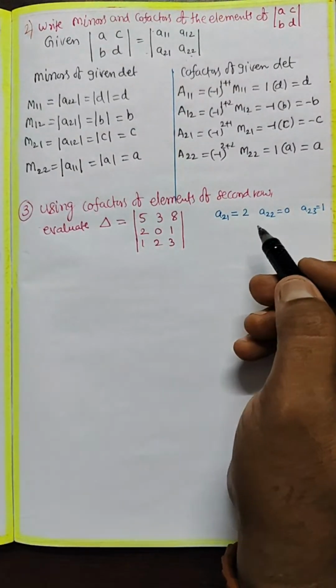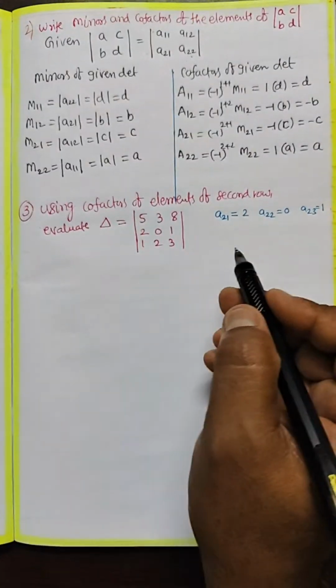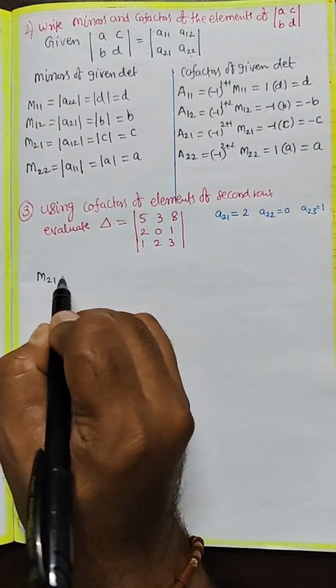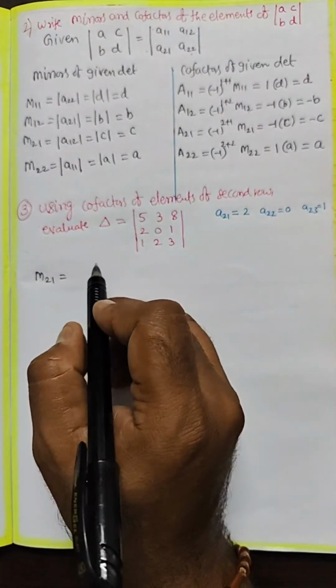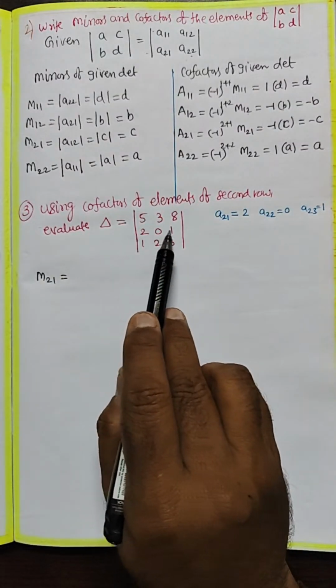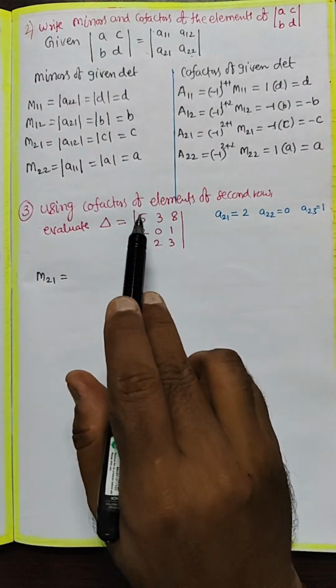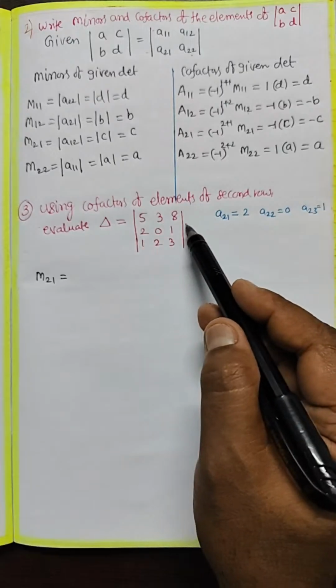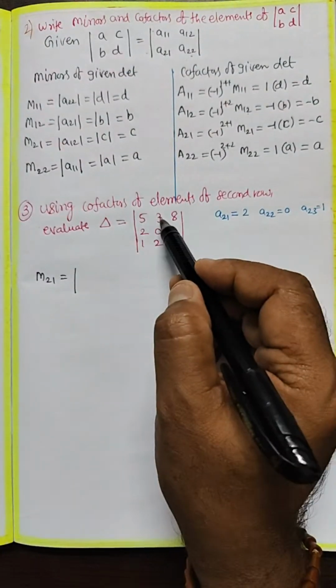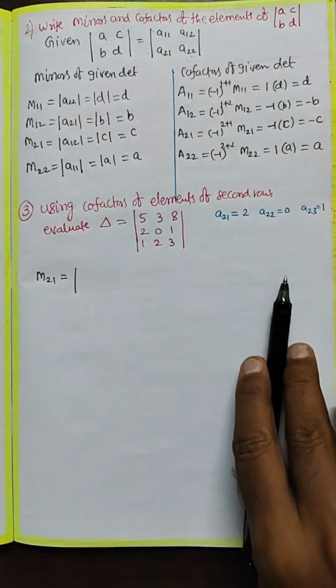So first calculate M21. For this, M21 equals eliminating the second row and first column. If you eliminate second row, first column, the remaining is 3823, dear students.